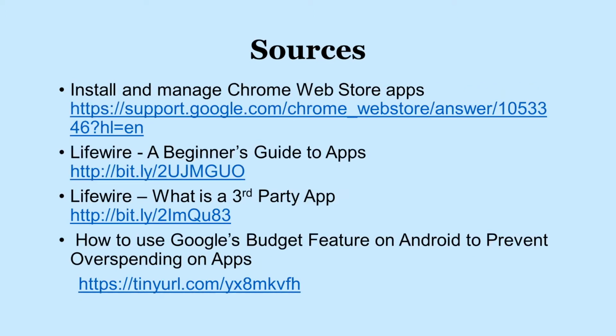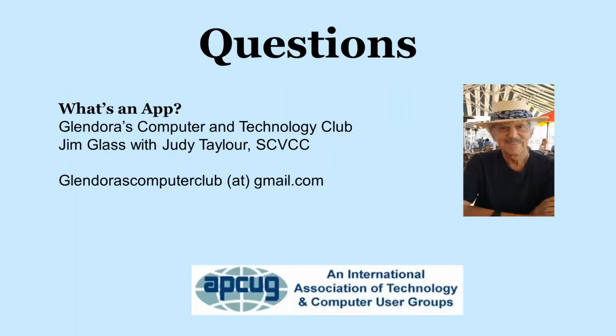Then install and manage Chrome Store apps, Livewire, Beginner's Guide to Apps. Another one, what's a third-party app? How to use the budget feature, which we just sort of demonstrated. So that's pretty much about it.